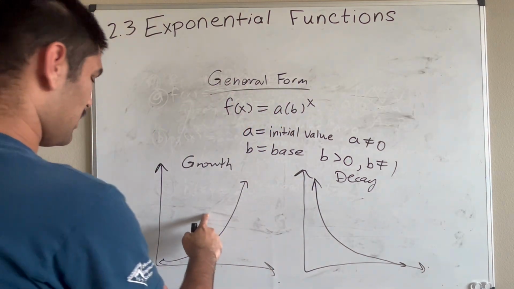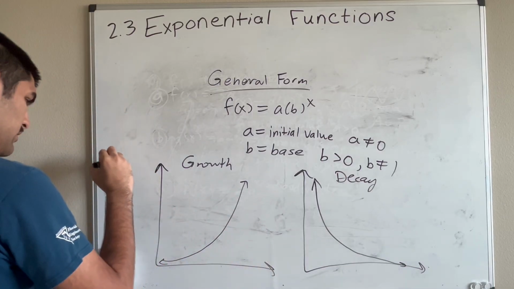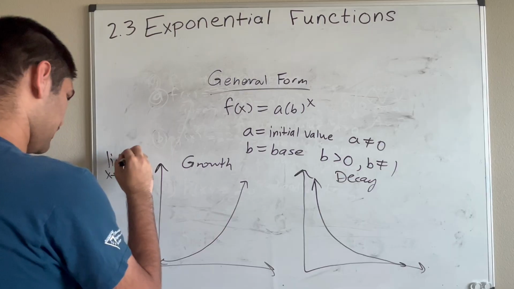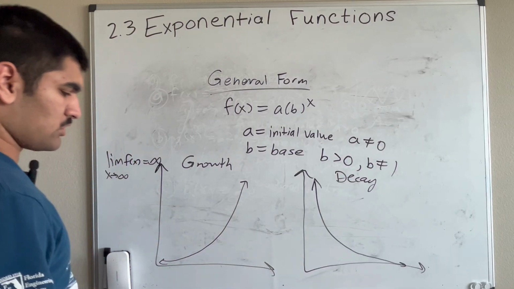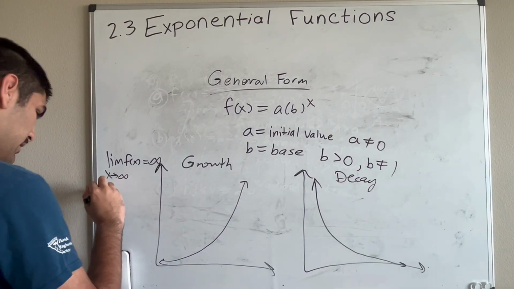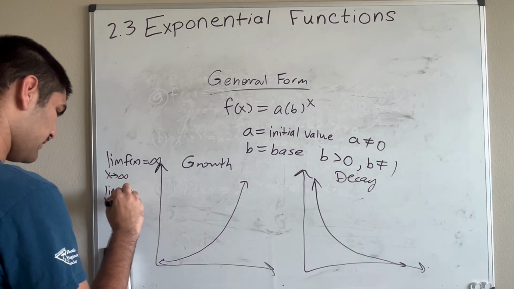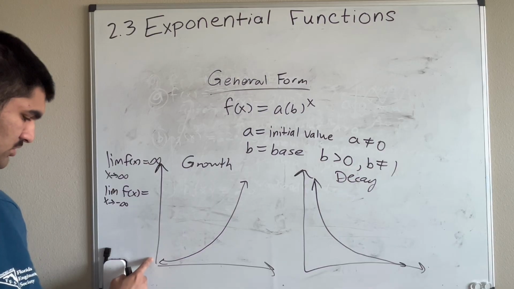So for growth, notice how as x approaches infinity, the function is also approaching infinity, right? Essentially, as x increases without bound, the function is also increasing without bound. However, when x approaches negative infinity, it seems as if the function is approaching some value.